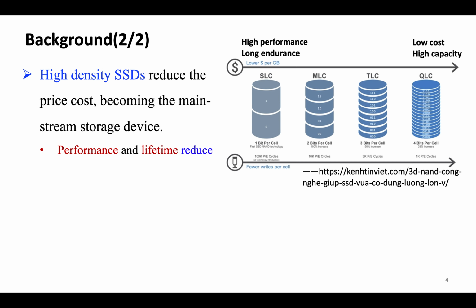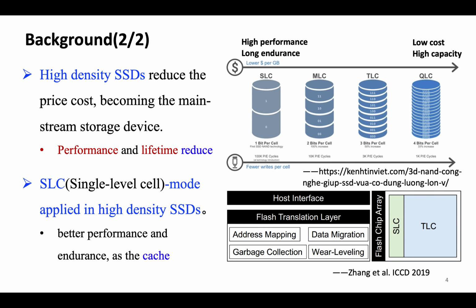Toward this issue, a part of blocks start to use SLC-mode in high-density SSDs. SLC-mode blocks can have similar performance and endurance as the real SLC block. These blocks usually serve as the cache of high-density SSDs.